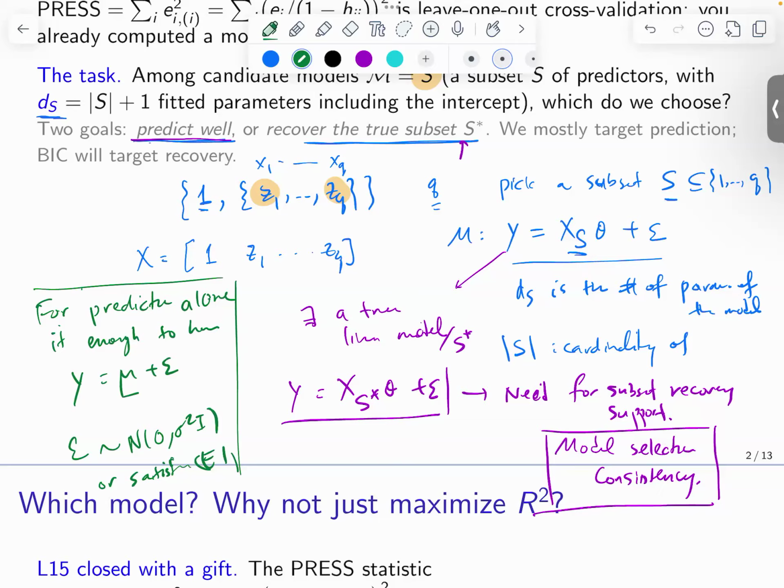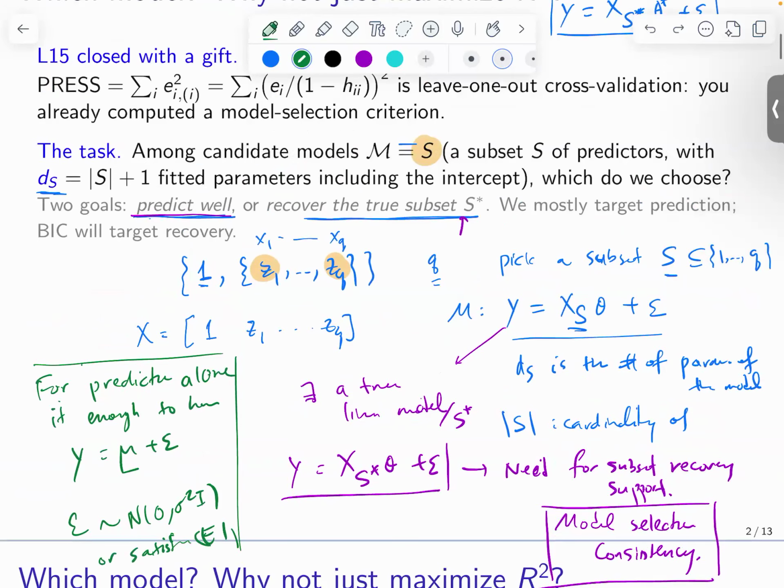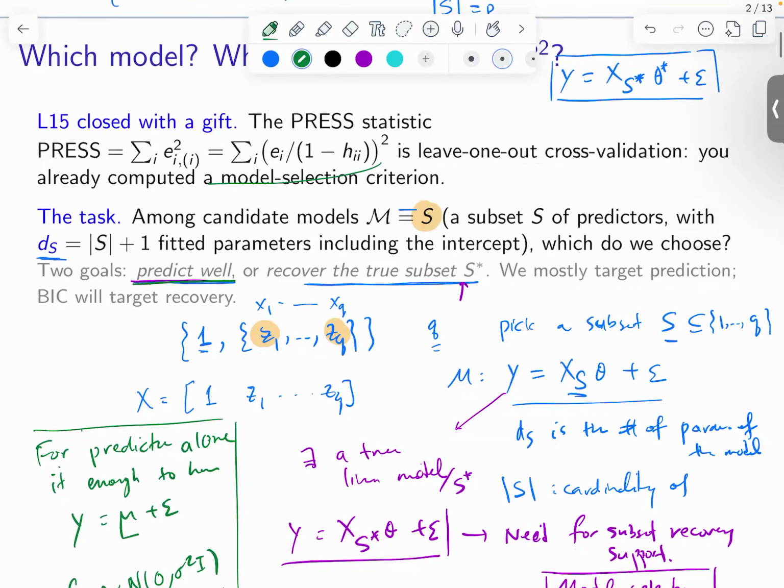There's a mu vector here, but I'm not going to assume a linear structure like this necessarily. It's much more general. And so if the task is to predict well, this is an interesting criteria.